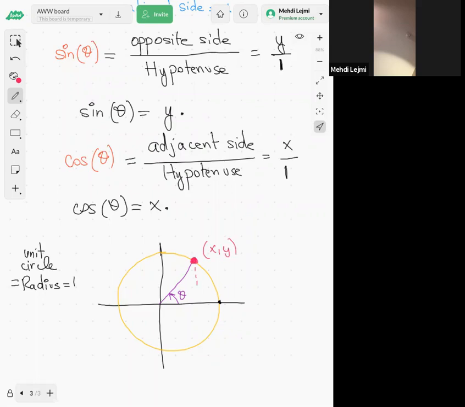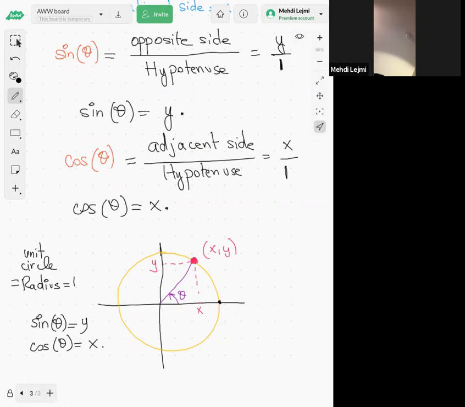Here's my x and here's my y coordinate. Then by definition, sine of the angle theta is just equal to y, and the cosine of the angle theta is equal to x.